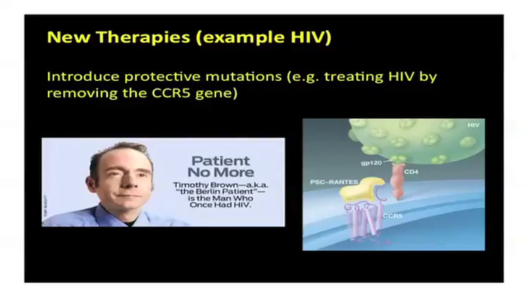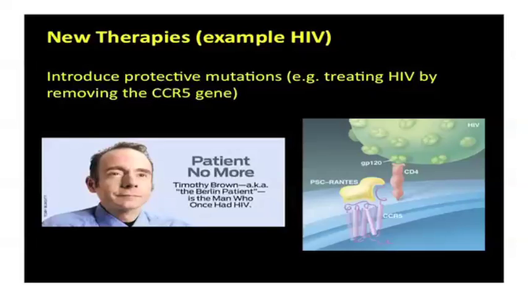This is really just the beginning, but the potential is really enormous, because one of the very promising examples out there is that people have been able to use genome editing to treat HIV infection. The idea is that based on the story of this Berlin patient, Timothy Brown, the HIV virus usually infects the cell through 2 different proteins.